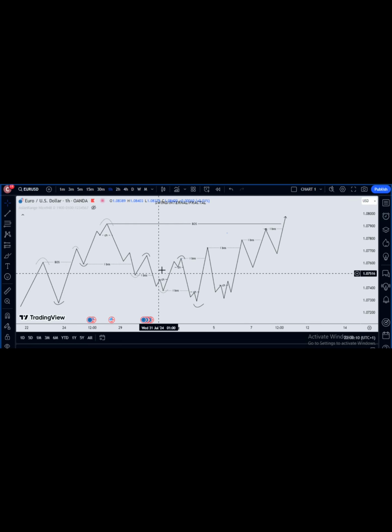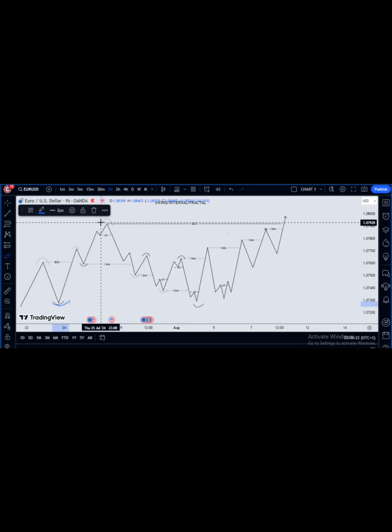And that is it. So always remember, these are another few key things. The closer price comes to our protected low here, with this our weak high here, the higher the probability for it to go up. Because remember, this is protected.